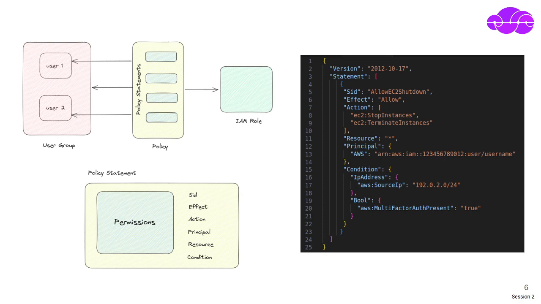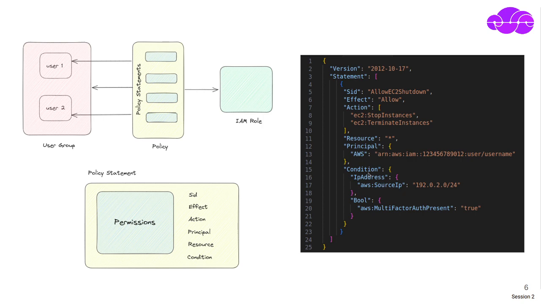Now, which instances? You have resource which is star, which basically means all instances within AWS. You can specify the ARN of an EC2 instance here instead of providing star, but a lot of folks go with star because you would want to ensure continuity to other future resources that you create. The principal simply means which resource this is assigned to, right? So you have username as an imaginary user within this imaginary account to which this policy is assigned.